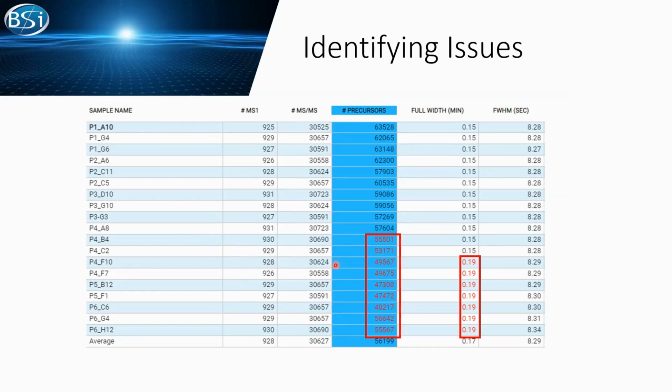That means we have some issues in our sample runs, but where are they coming from? In the full width attribute, starting from plate 4, we have an increase. That indicates it is very possible that our LC system has a problem.